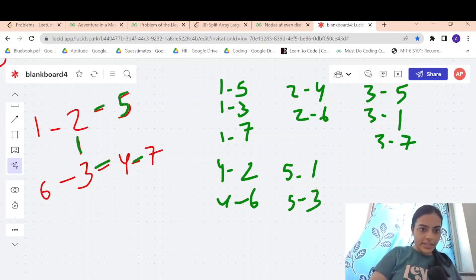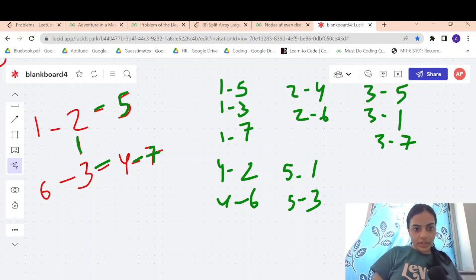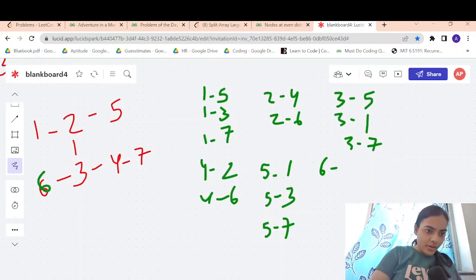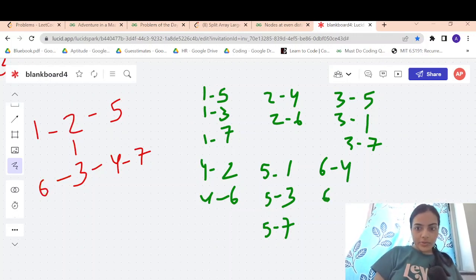Node 5 and 7 also has 4 edges between them, so that is also even. I think that's it for node 5. Now let's note for node 6. For node 6, you have node 6 and 4, and node 6 and 2. I think that's it.